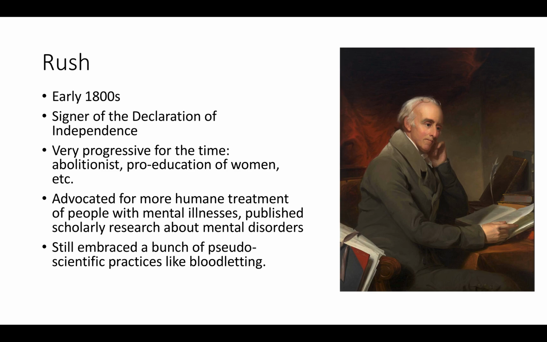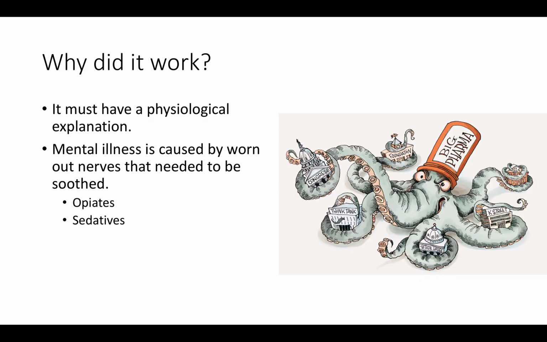So Rush was a proponent of something good, moral treatment over chaining people into asylums, but he was also an opponent of bloodletting. He actively attacked the inhumane practices of other people, which arguably I think is an important part of progress. You can't just innovate and be a do-gooder. You also have to draw attention to the people who are doing harm.